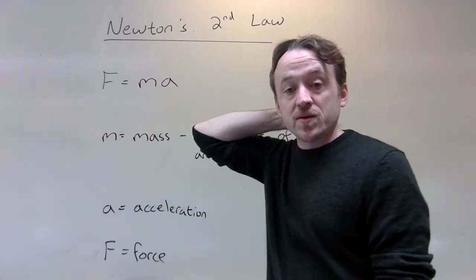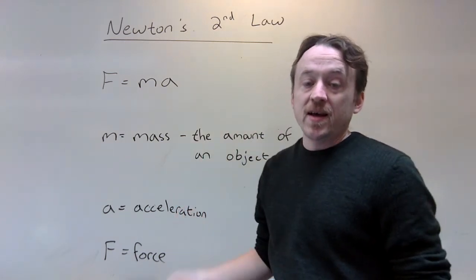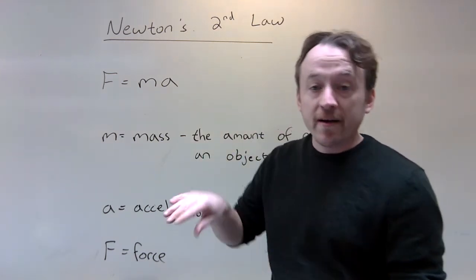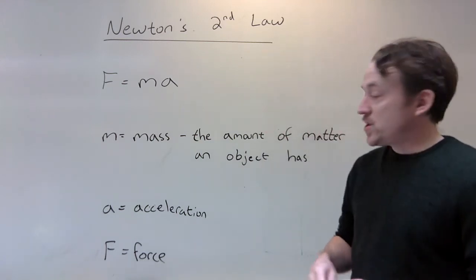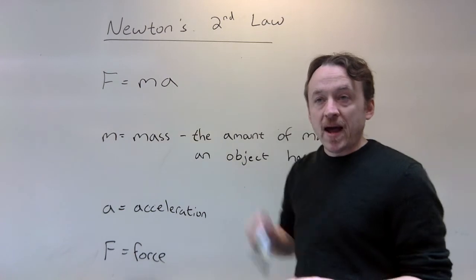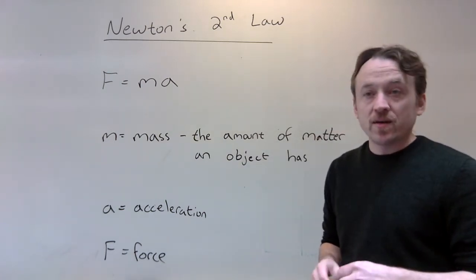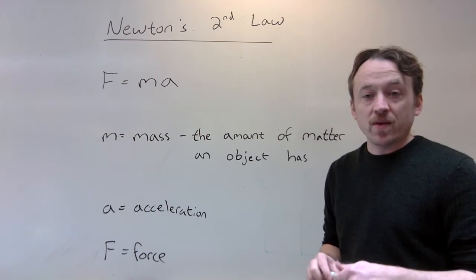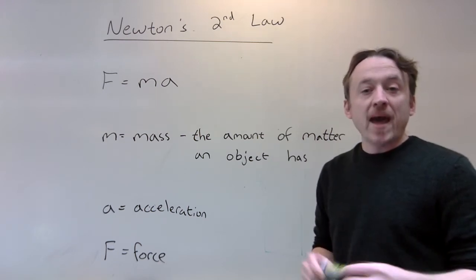When we sped it up, we needed a force to do that. When we changed its direction, we needed a force to do that. In these terms, m is the mass. Do not confuse mass with weight. You're usually accustomed to using that idea as far as weight goes, but a mass doesn't change.